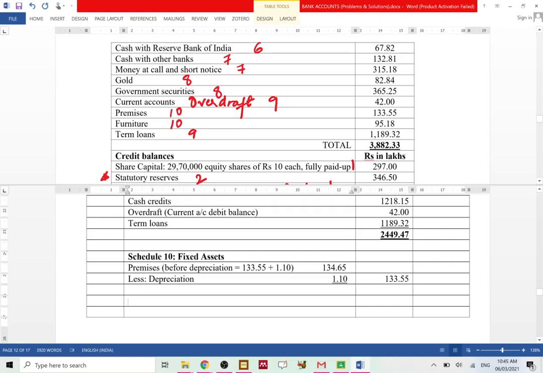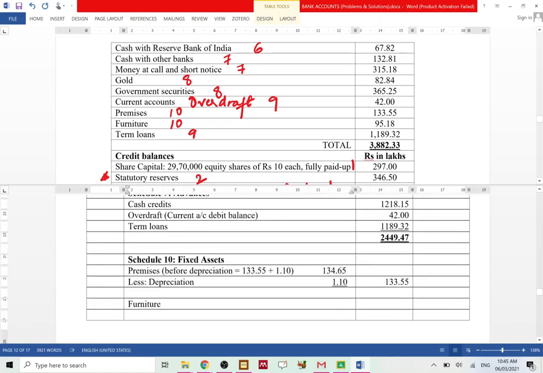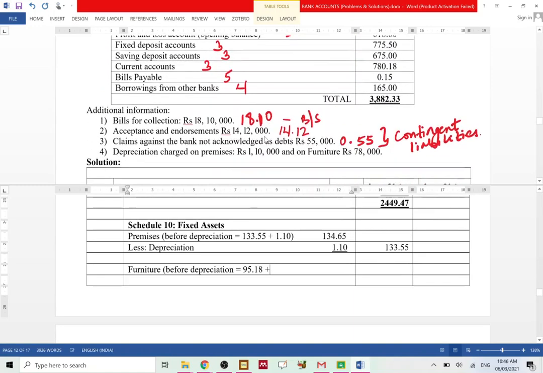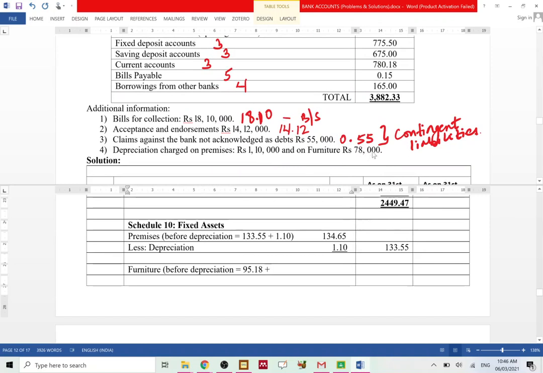Same way you have the second one, furniture, and the amount for furniture also before depreciation we are going to calculate. So furniture before depreciation was equal to the amount given, 95.18, plus how much depreciation did they charge on furniture? 78,000.